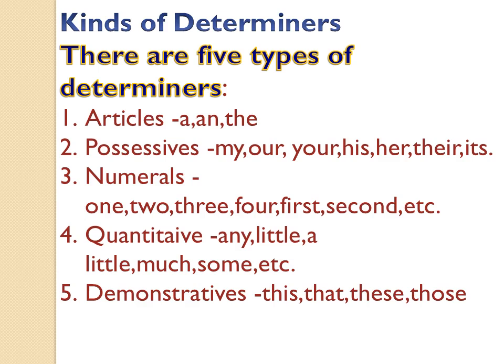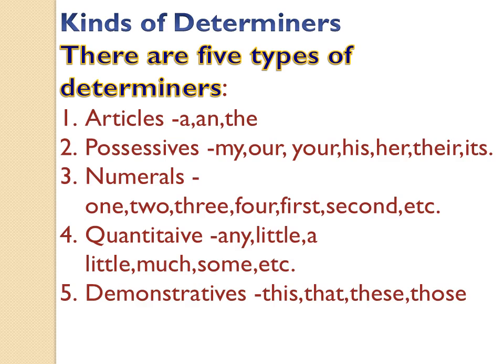Students, here are 5 types or kinds of determiners. And these are articles, possessives, numerals, quantitative, demonstrative. And students, the words or examples that are related to these types are: in article, there are 3 words: a, an, the.